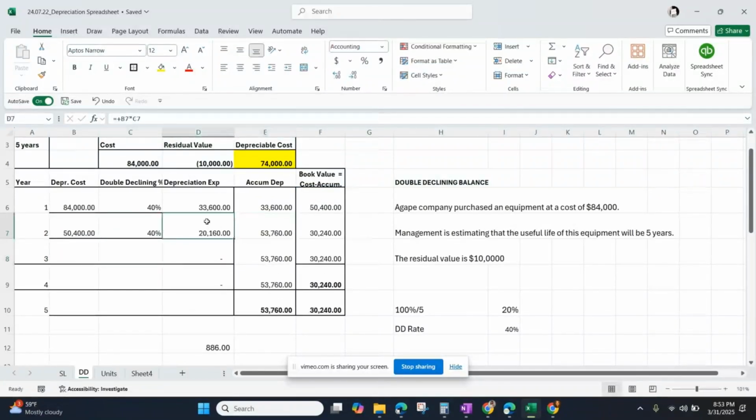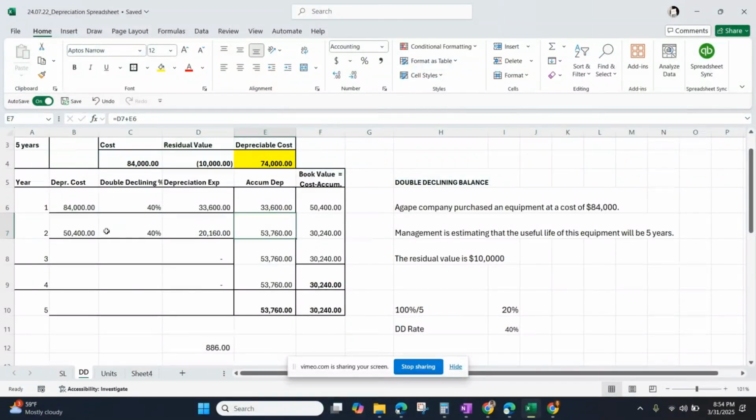And we get $20,160 as the depreciation expense for the second year. And the accumulated depreciation is the accumulated depreciation for the first year plus the depreciation expense for the second year, $53,760.